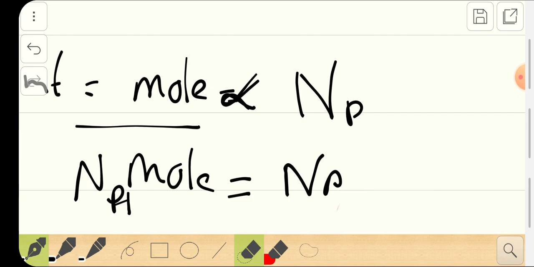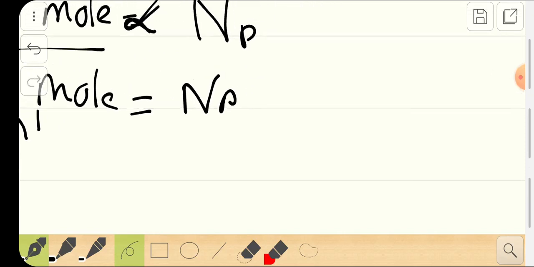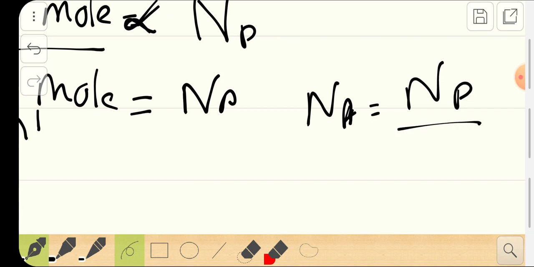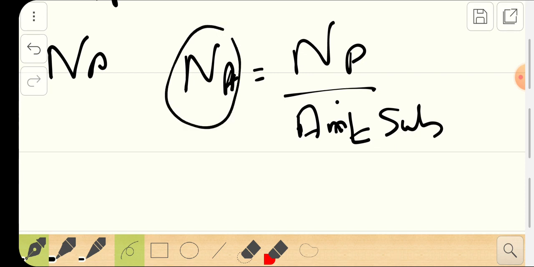So this constant Na is called the Avogadro number. So Na is, by definition, the total number of particles divided by the total molar amount of substance. That's the number of particles present in one unit system. That's called the Avogadro number. I want you to be clear about that.